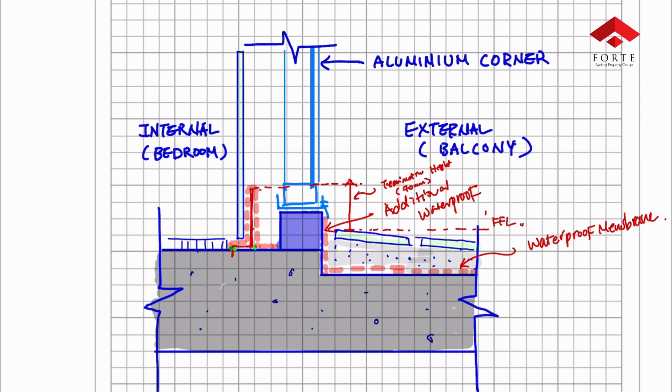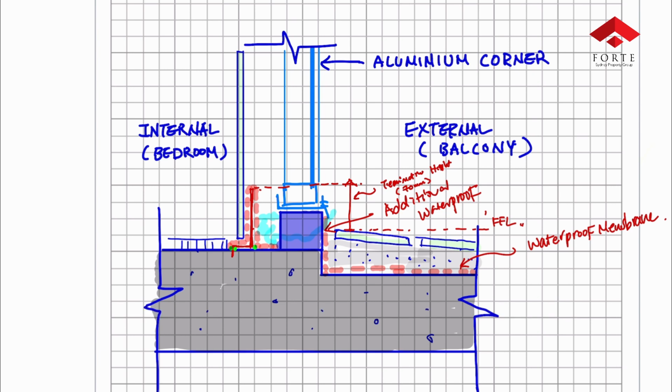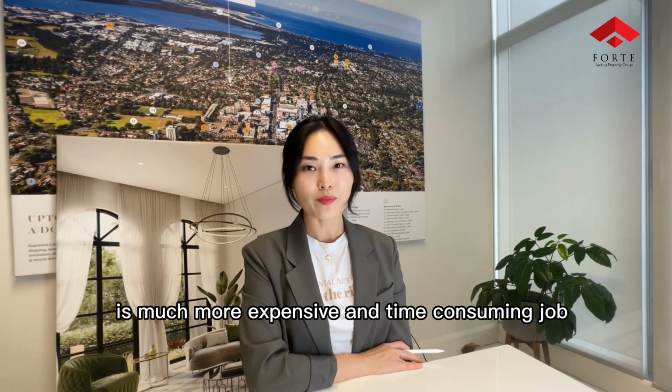And one more thing, just in case water comes in and fills this gap, we have to discharge this water. This is called a weep hole. We have to make this weep hole go out externally. Remember, fixing defects is much more expensive and time-consuming than doing the work properly from the beginning.